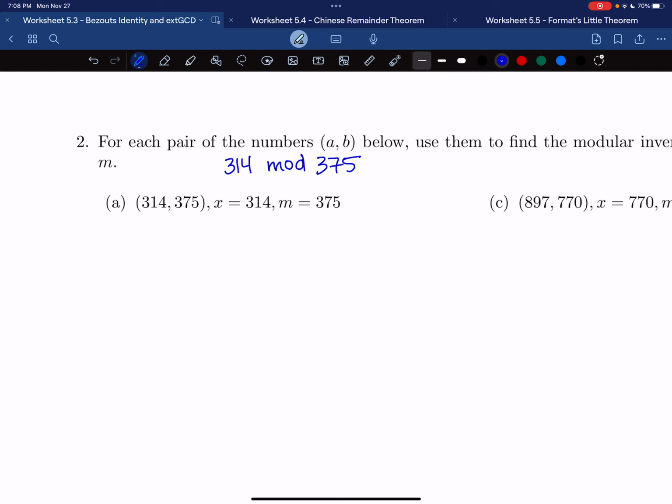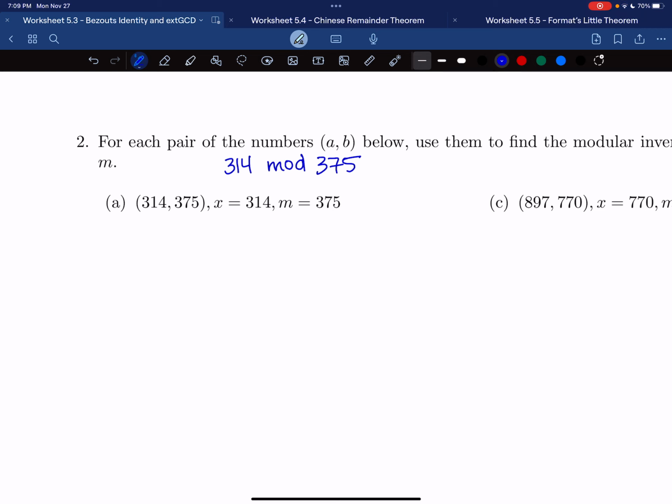And what we'll see is that in these situations, the A and the B are always those same values, right? So 314 and 375. So we can't find a modular inverse of 314 mod 375 unless the GCD of those values is 1.